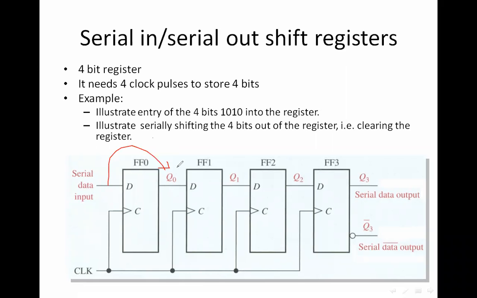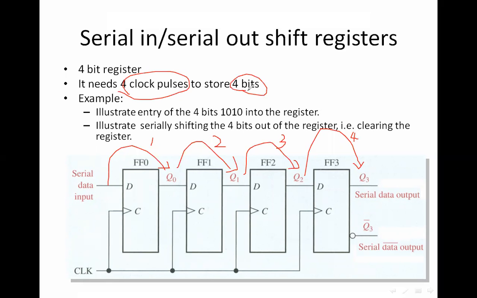After the second clock pulse, it reaches here. Third, it reaches here. 4, it reaches the final point. So how many clocks do I need? I need 4 clock pulses to store 4 bits of data. So by the time the input comes to your output, I need 4 clock pulses.